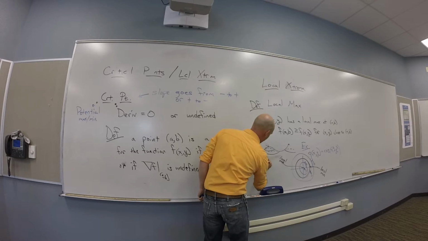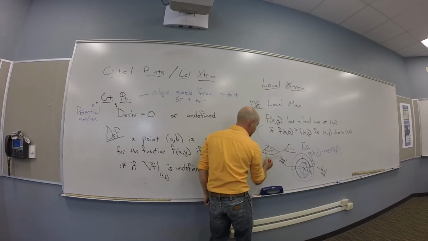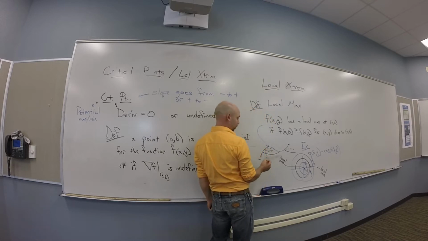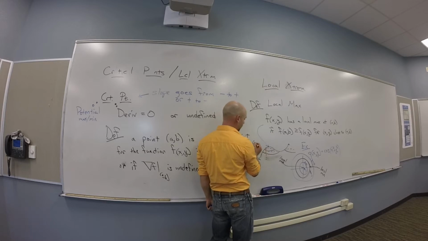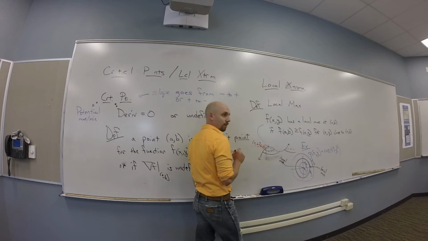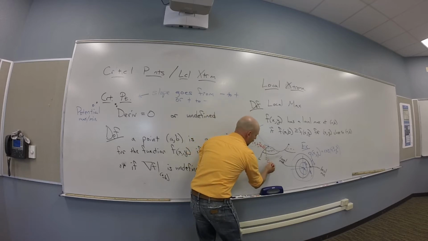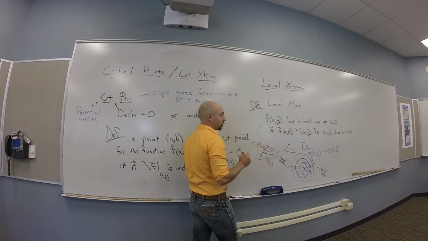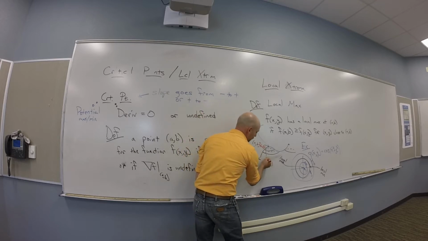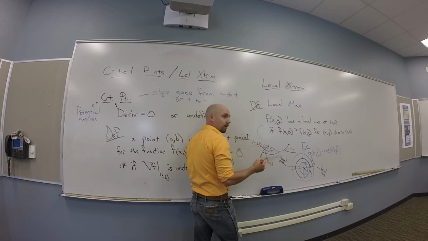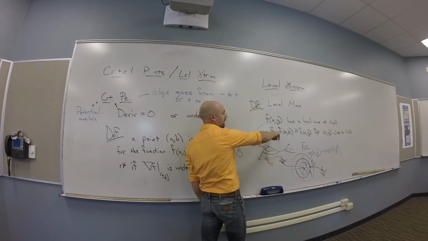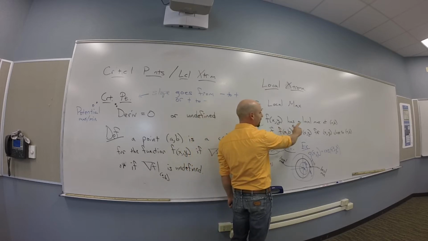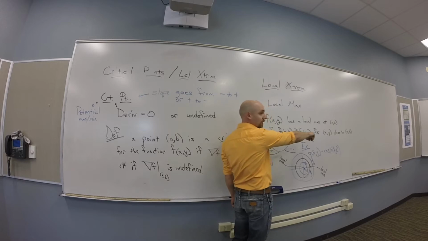Down here is my point a, b, with the point a, b, comma, f of a, b. So close to that means in some little disk around that guy. And what this says is that f of a, b is the biggest thing in some little disk.